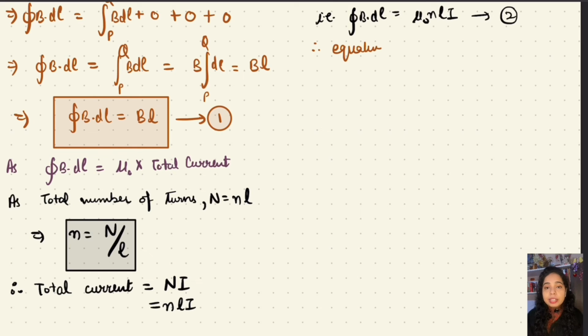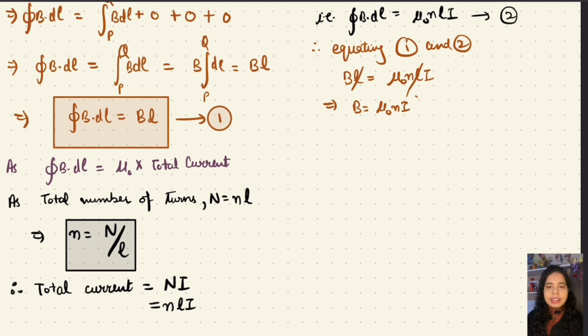So equating equation number 1 and 2, we have BL is equal to mu naught nLI. Now we can cancel L on both sides, therefore we are left with B is equal to mu naught nI, which is the expression for the magnetic field existing inside the solenoid, and this expression is determined by using Ampere's circuital law.